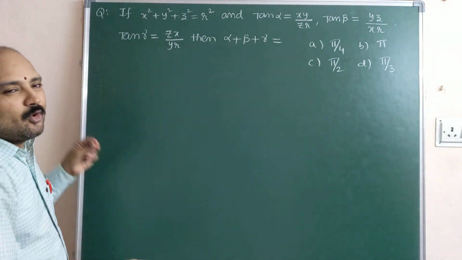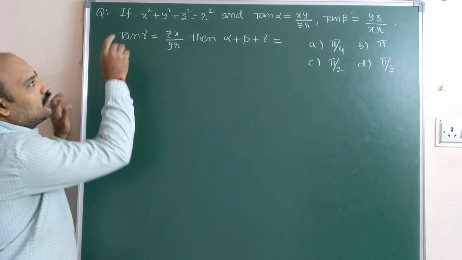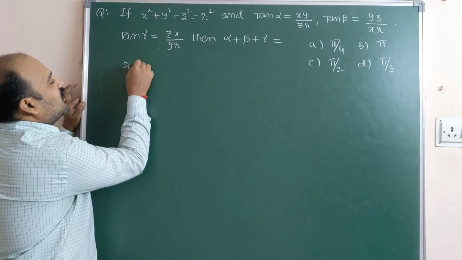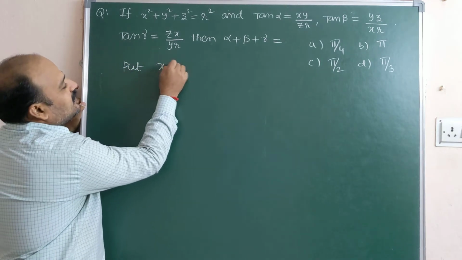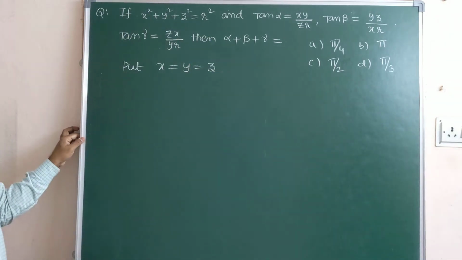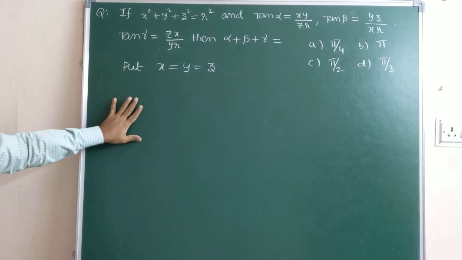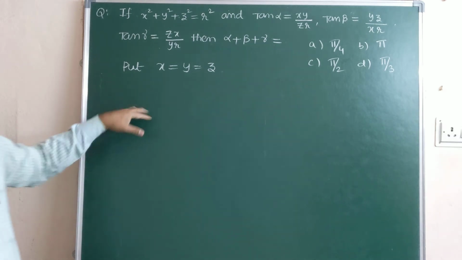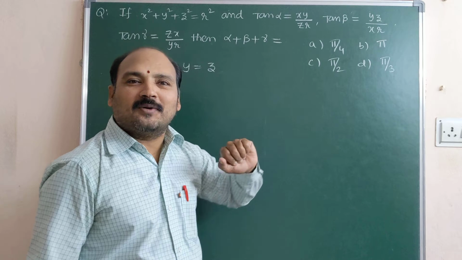So instead of that, this is the shortcut way: put x is equal to y is equal to z. Then immediately we will get the values of alpha, beta, gamma.